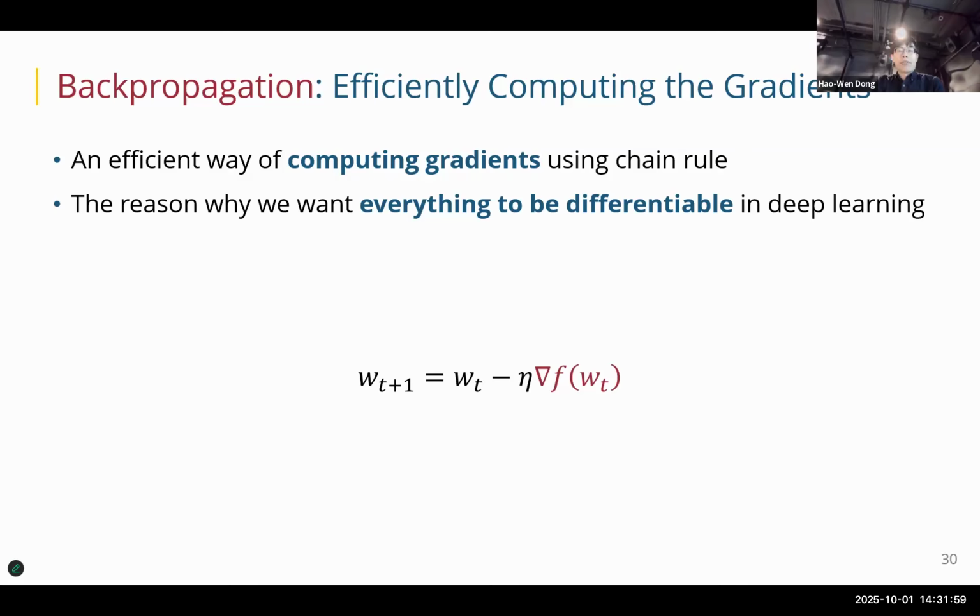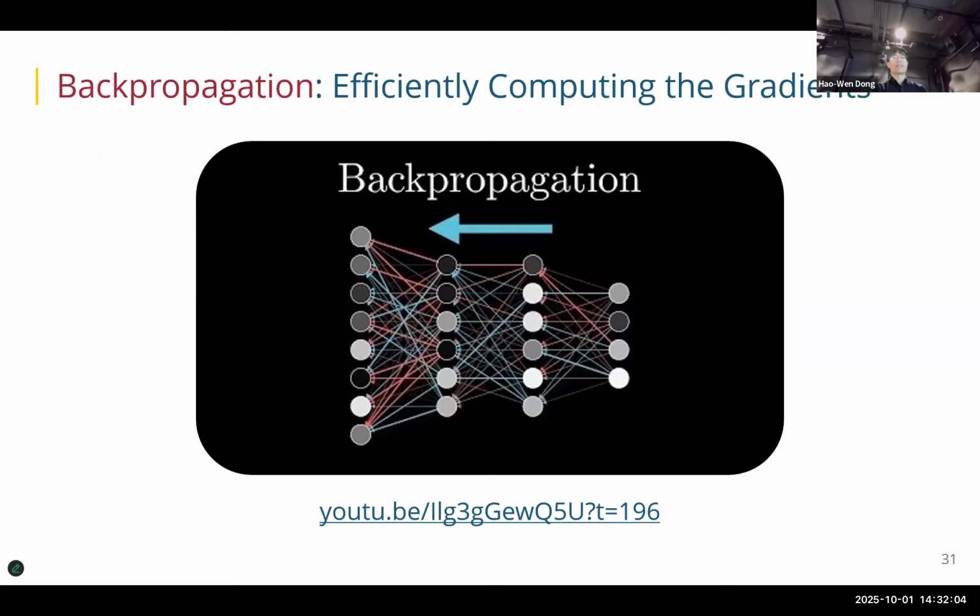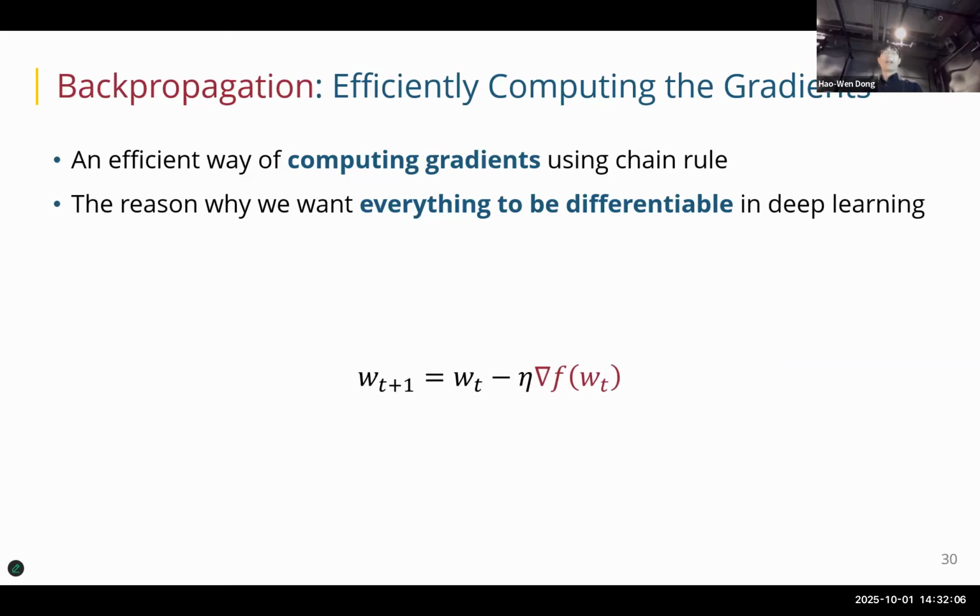So the last thing, I think there's a lot more, but anyway, this is one of the things that's very, very challenging to explain. Backpropagation is likely, a lot of people say, the next FFT, a very important algorithm. But backpropagation is basically just an efficient way to compute the gradients.